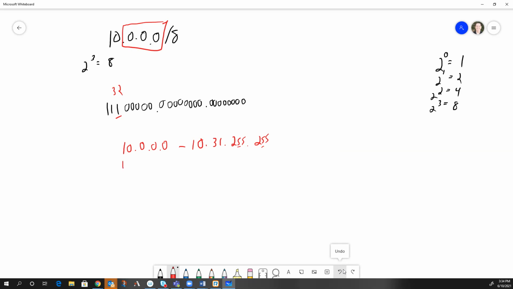So now we're going to go and roll, and then 10.64.0.0, and it would just continue on just like we did before, all the way till we get our 8 subnets.